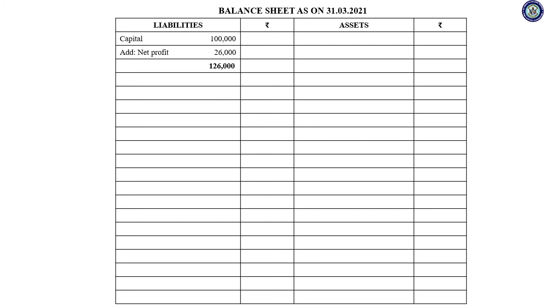So the total is 1,26,000 in the inner column. Next, if there are any drawings, you have to deduct. So less drawings 20,000. So the net figure is 1,06,000.